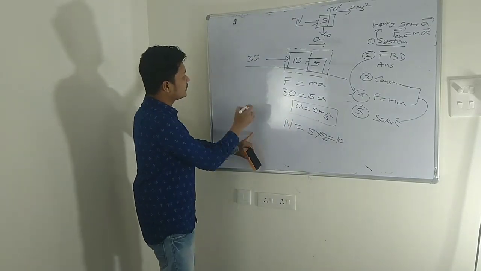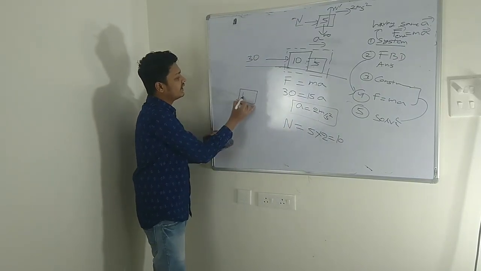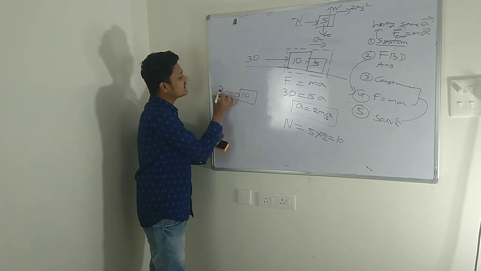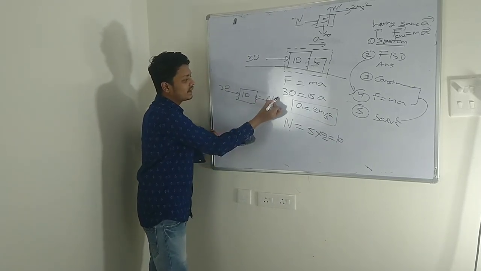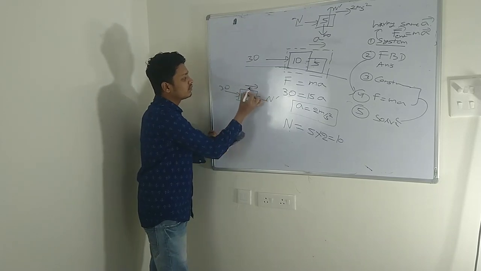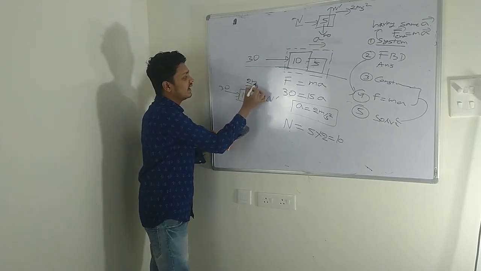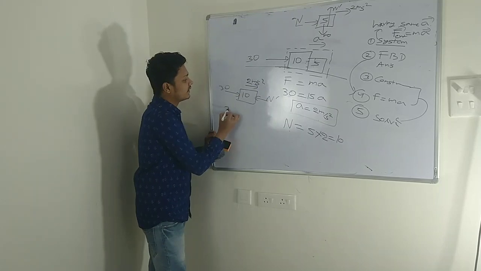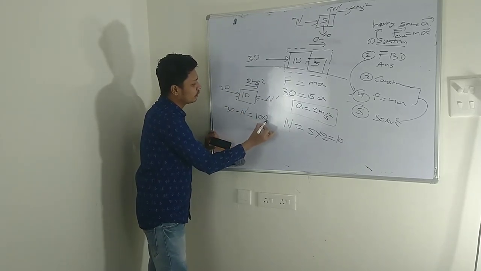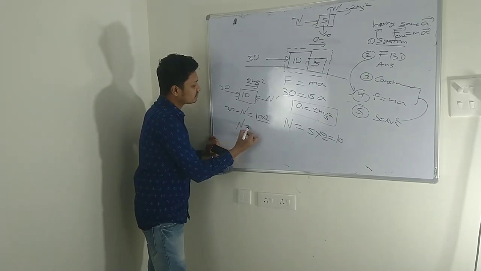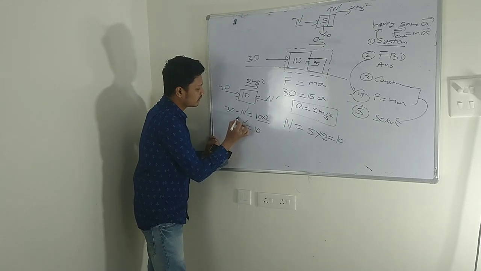If I now consider 10 kg also, in 10 kg, 30 is acting, and the normal force, let me write N dash, and it is moving along with acceleration a. So 30 minus N dash is equal to 10 into 2, 20. So N dash is equal to 30 minus 20, which is 10.